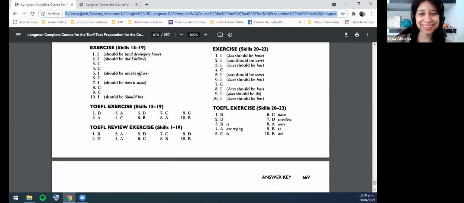The number 9 is letter D, and the last one. Okay. Letter D, right? Yep, number 9, letter D, and the 10. Oranges.